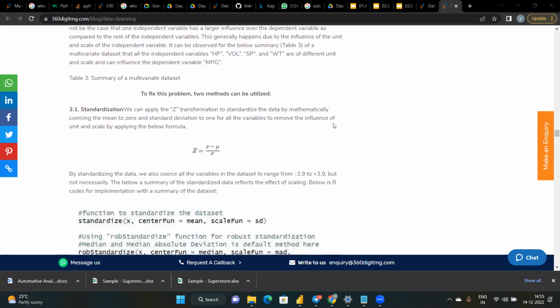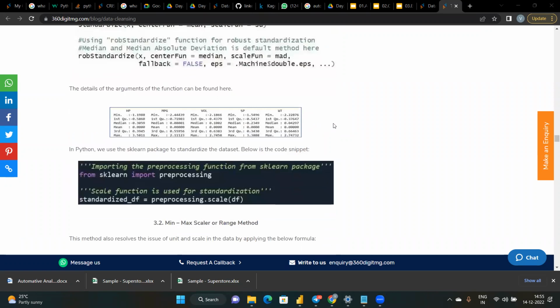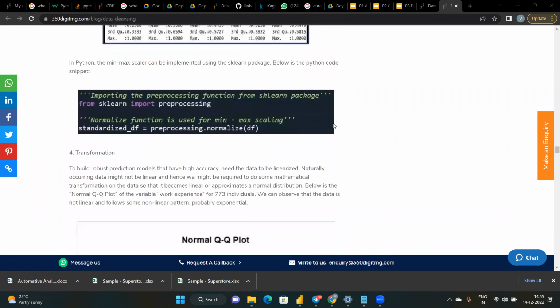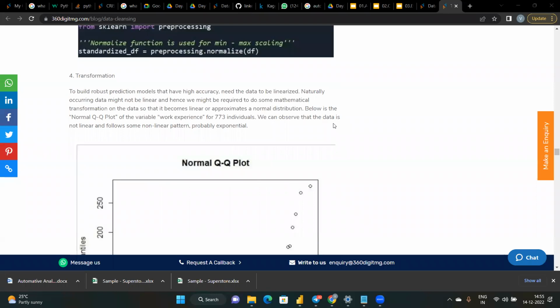Okay. So after standardization, what we have: min max scaler, the ranger method, still pre-processing, transformation, this QQ plot. Okay. So when we move on, guys, I'm gonna teach you practically, right? When we are going to implement this K means, KNN, linear regression, and so on. I'm gonna show you how we are going to implement this normal QQ plot. What is meant by QQ plot?